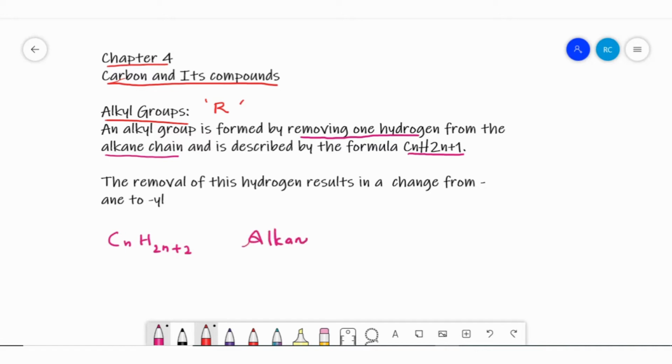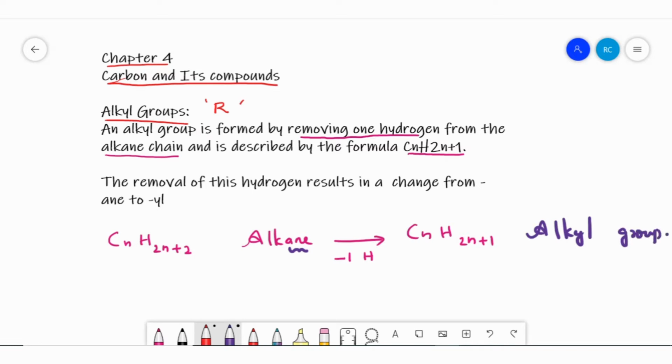When you remove one hydrogen from this alkane, the formula becomes CnH2n+1. So this compound is now termed an alkyl group.